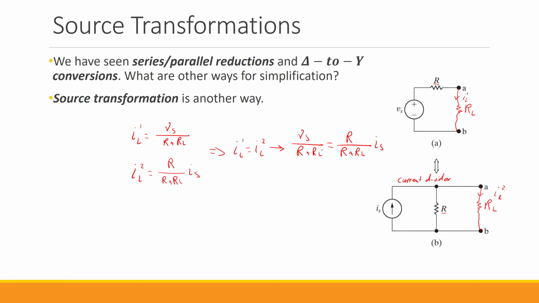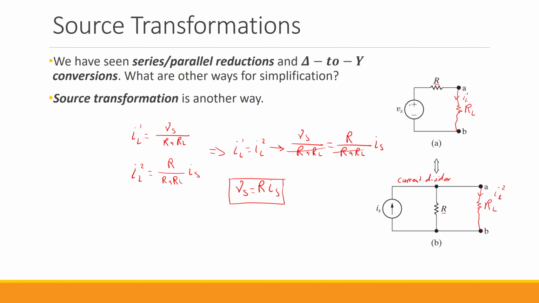As you can see, we can simplify the two denominators from both sides of the equation. In that case, Vs is equal to R multiplied by Is. As long as this relationship is satisfied, these two circuits are completely equivalent.